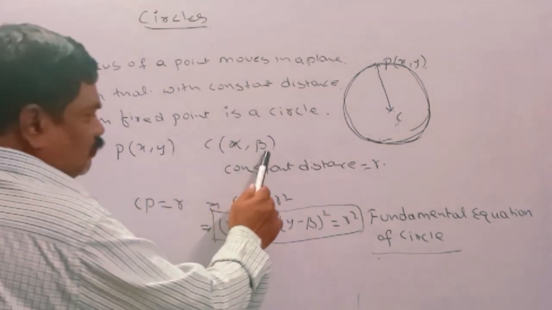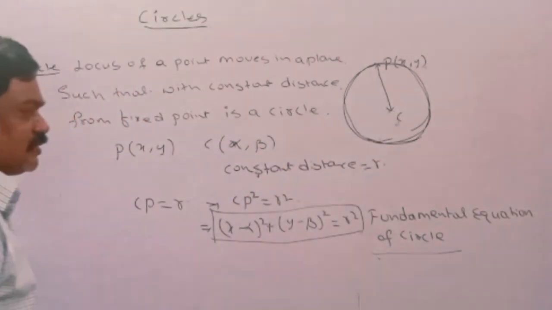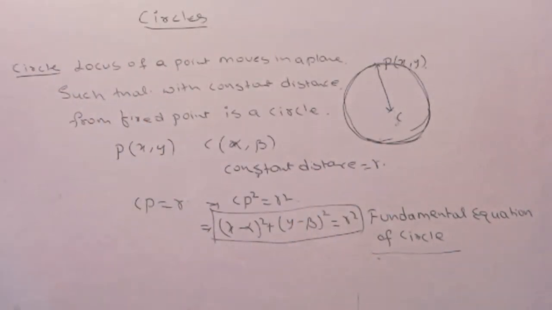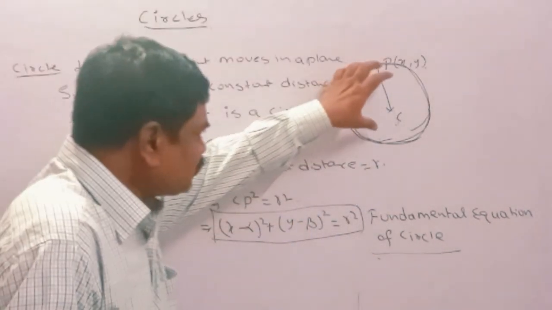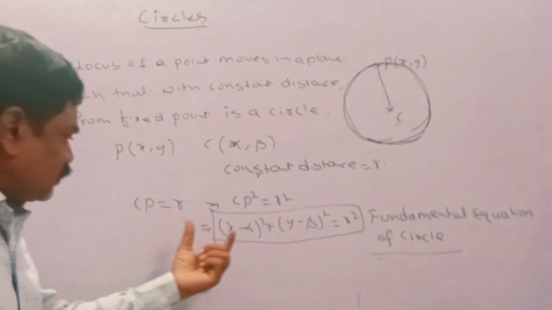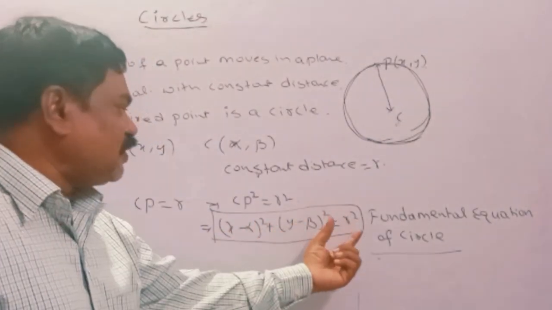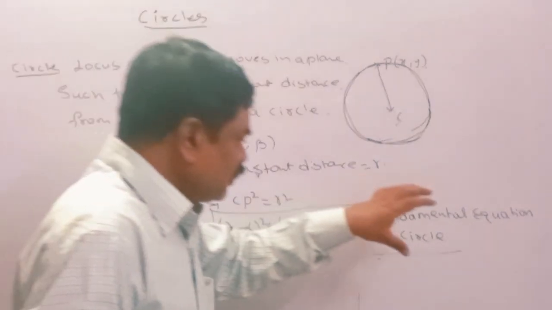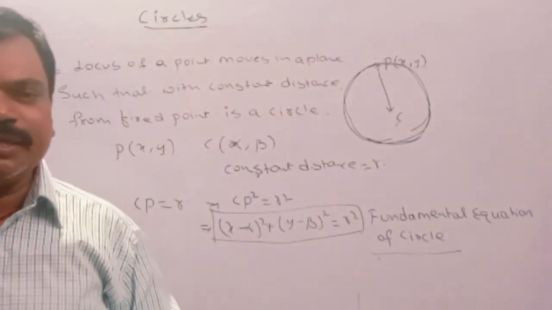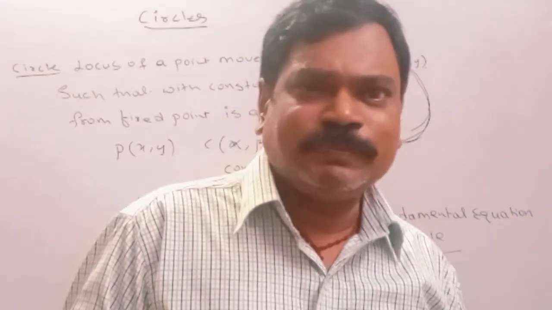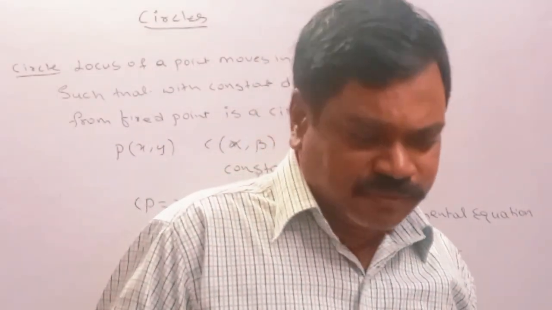C (alpha, beta) is the center of the circle, and the constant distance is r, so CP is equal to r. Then by the distance between two points, (x minus alpha) whole square plus (y minus beta) whole square is equal to r square, which is the fundamental equation of the circle. Okay, all of you, I hope that you understand very well.